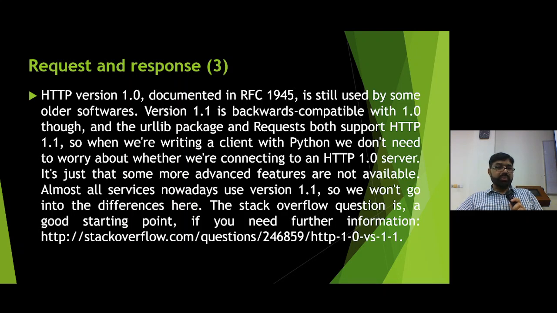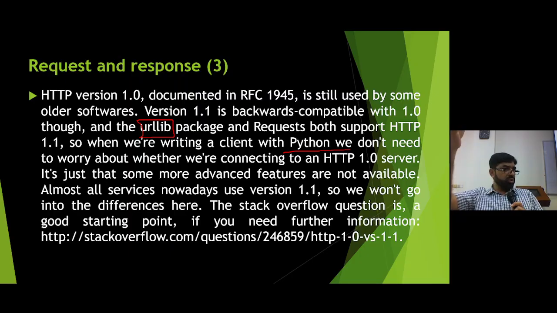Okay, so quickly we come back to our topic. What is our topic? We are discussing the urllib package. The urllib package and the requests package both support HTTP 1.1. So we will be writing clients for Python for 1.1, but it's not a big change.